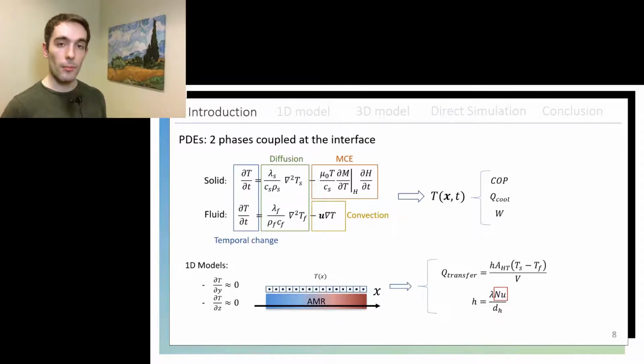Most of the numerical models presented in the literature are one-dimensional, which means that they only solve the dimension that links the cold and hot heat exchangers together, and the other two spatial dimensions are considered to be homogeneous. Because we cannot explicitly model the heat transfer between solid and fluid phases in one-dimensional models, it requires an additional term to express that heat exchange, and that is modeled by the Nusselt number.